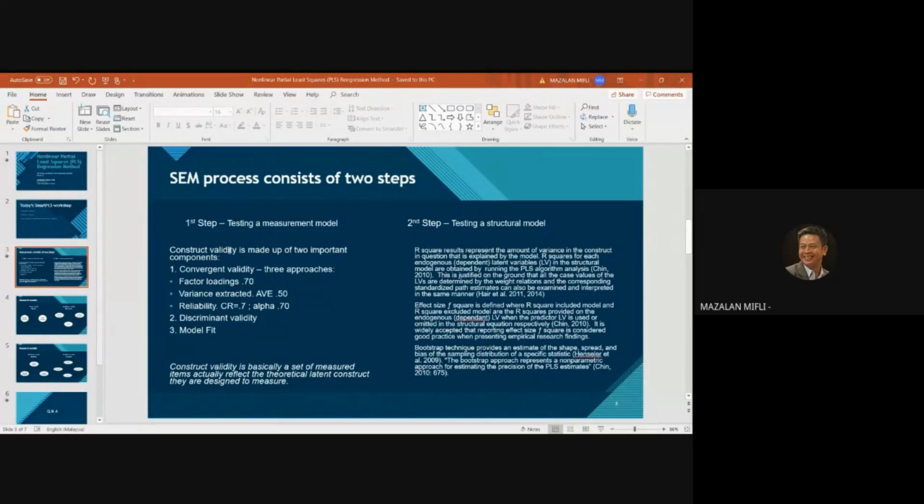Regardless of which you are getting, Smart PLS3, just to be frank with you, a new version, Smart PLS4, is coming very soon. I think the owner has launched Smart PLS4 and it is available, but many still use Smart PLS3. It's still a good tool for you to do your analysis, especially for your research work.